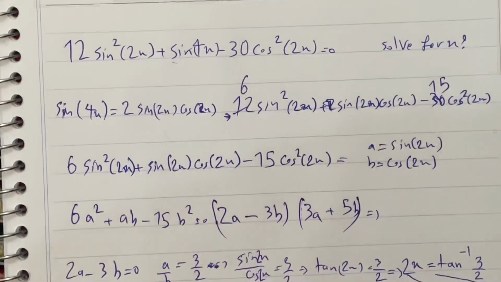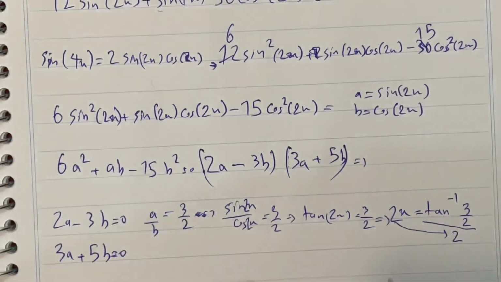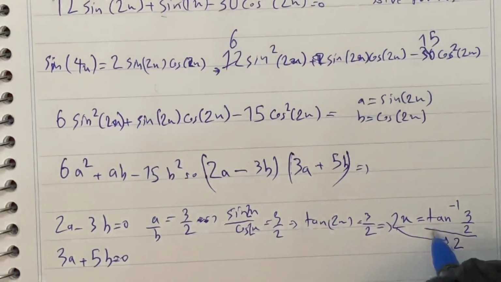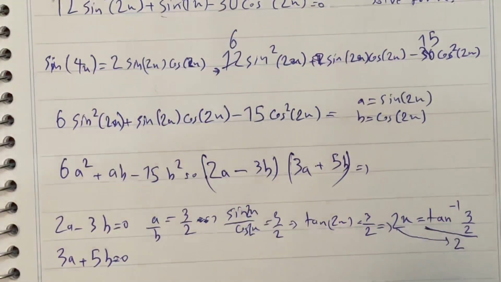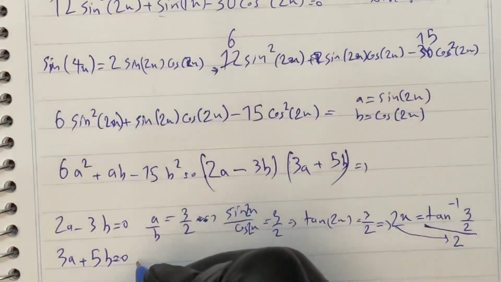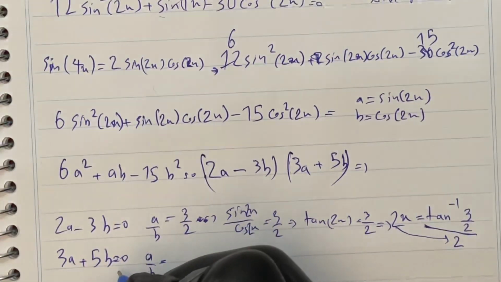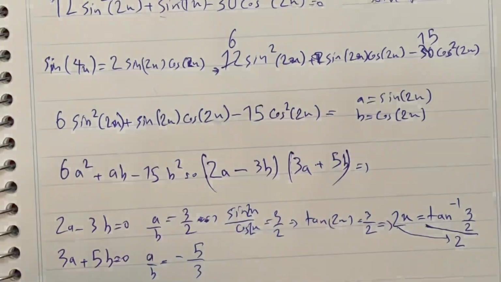I'm sorry, you didn't see some of the parts here. Now you see it. It's tangent inverse of 3 over 2, all over 2. That was one of our x values. So also for this, we would have a over b equals negative 5 over 3.